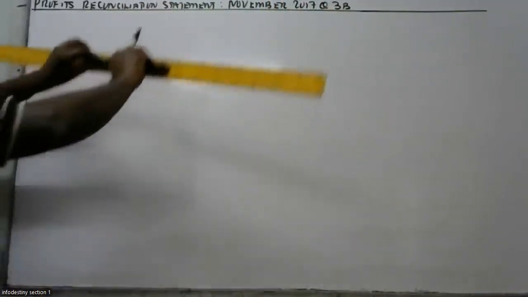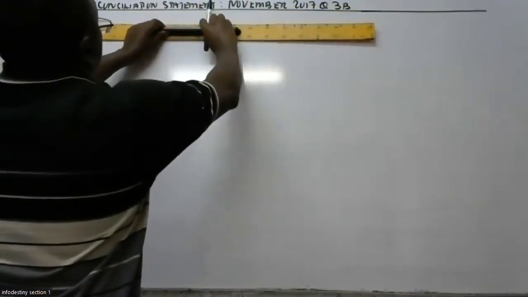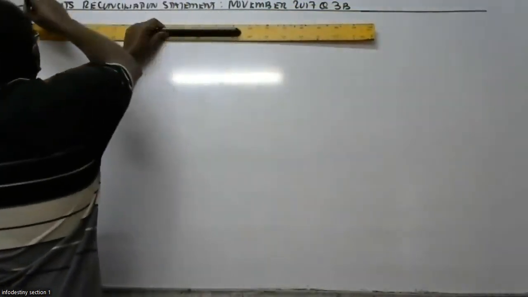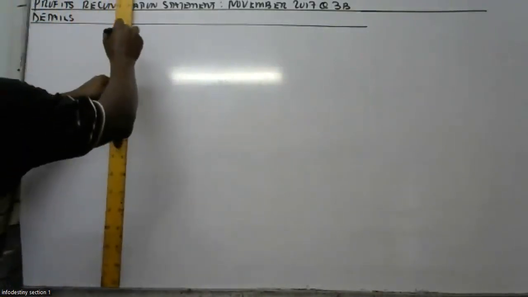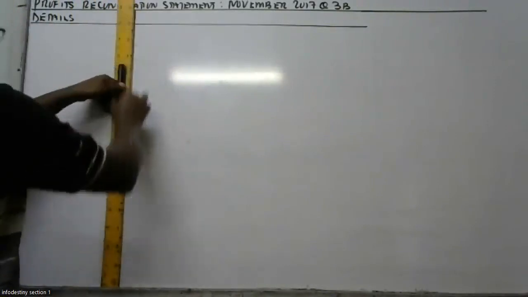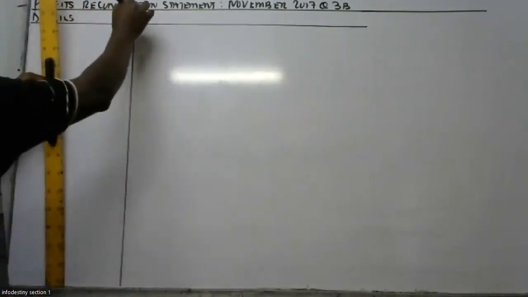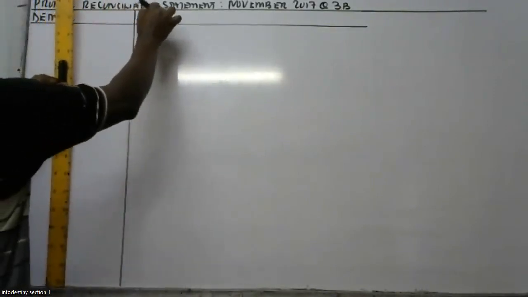So in this reconciliation, we have details. We have a column where we record details. We have a column where we record the formula.